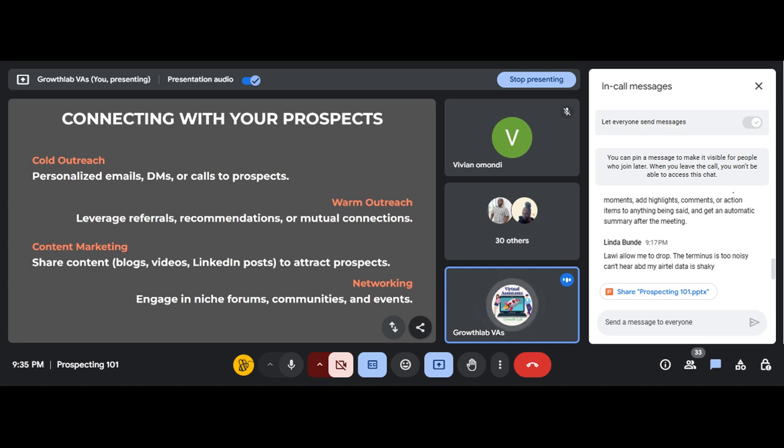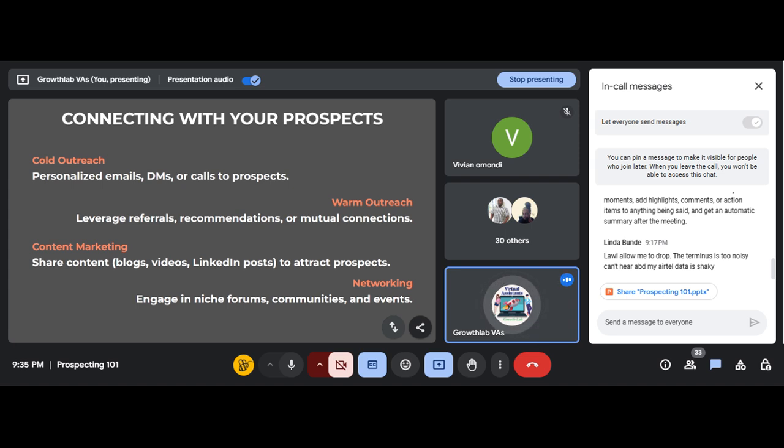So cold outreach: this is where you've identified prospects on LinkedIn, then you go direct to their inbox, or you find a prospect on Google search, then you email them directly. So this is sending emails or DMs or calling prospects whom you've never interacted with before and pitching your services there and then.